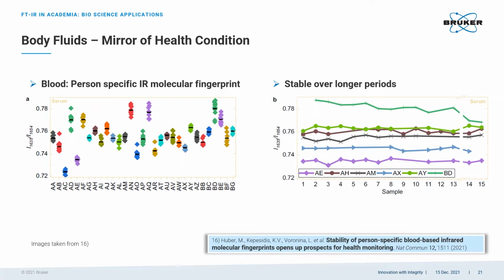Only for some individuals there was at a certain time point some change of that IR fingerprint observed, and that provides a perspective that the IR spectrum of blood might be suitable for continuous health monitoring and also allows us to detect specific medical phenotypes of persons.